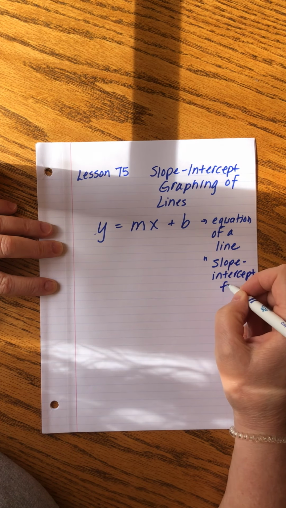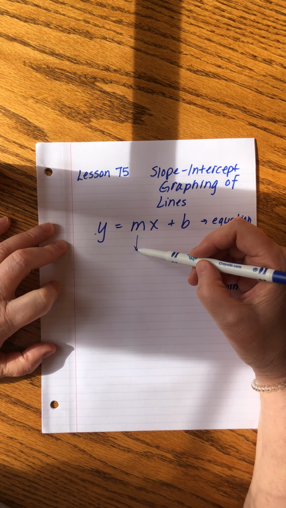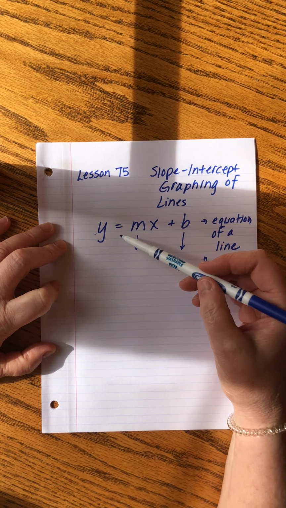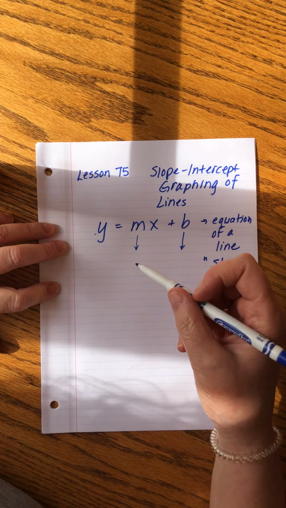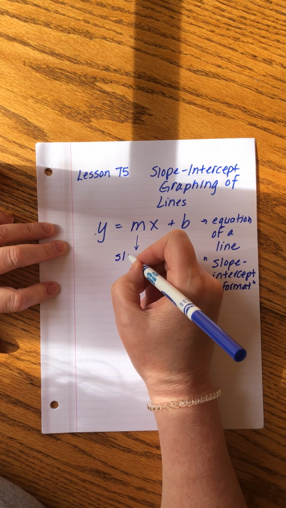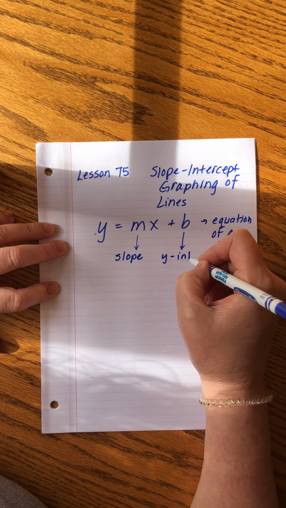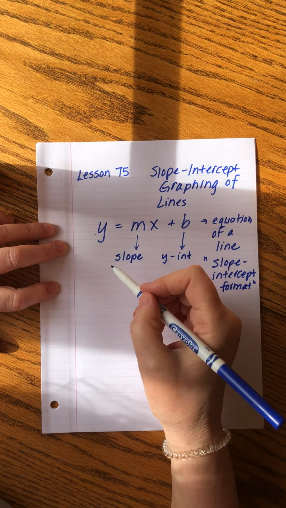The reason we call it slope intercept format is because these two numbers are the blanks that we fill in, putting actual numbers in when we have a specific line we're talking about. But these stand for the slope and the y-intercept, which I'll use shorthand so that my writing doesn't go over there. The slope describes the way that the line goes up.